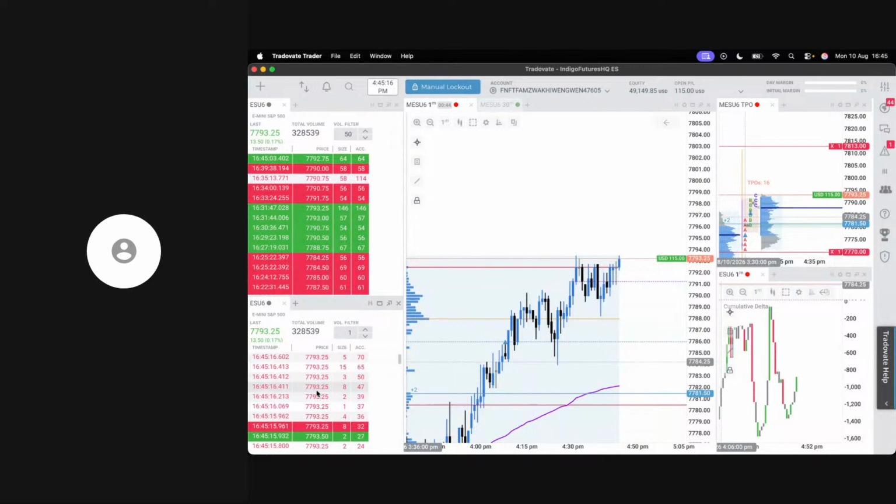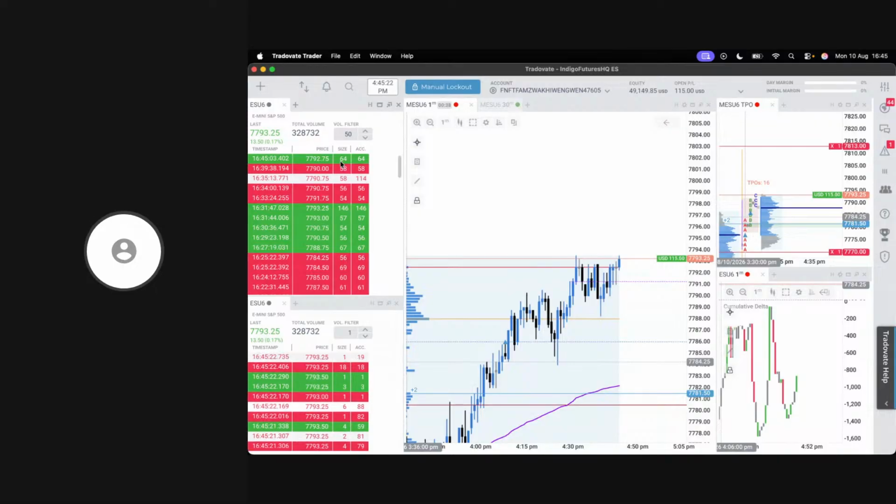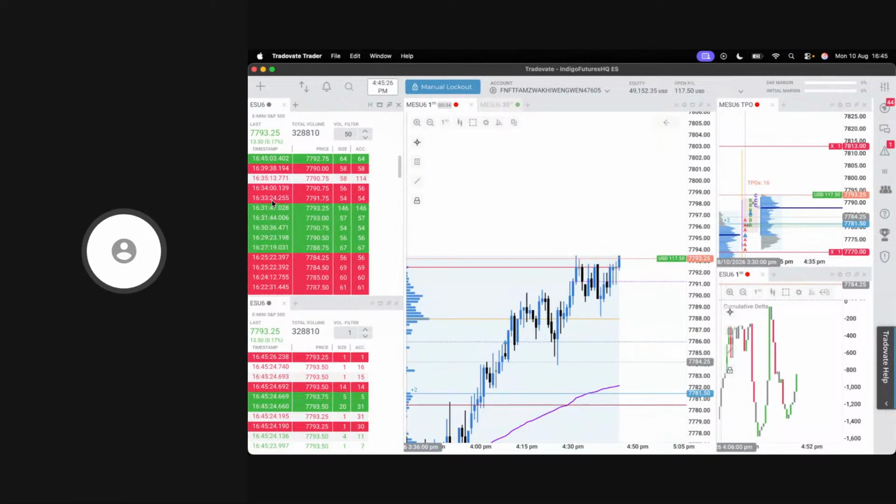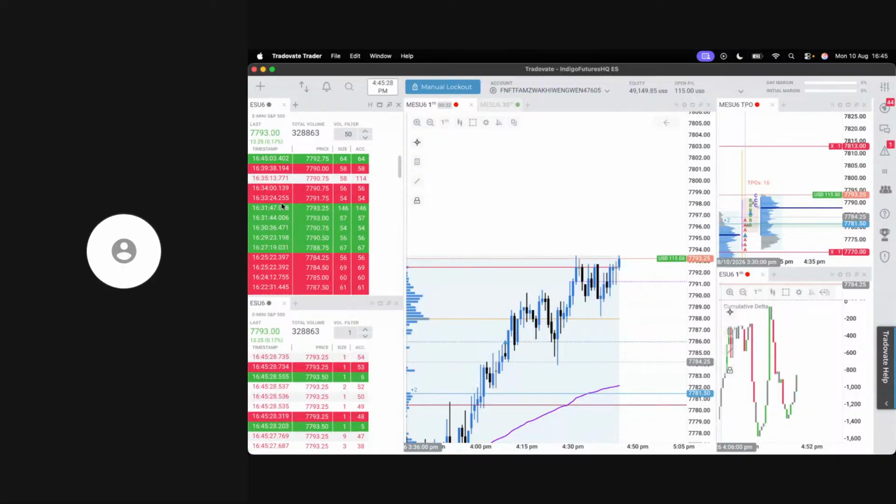So there we go. Big print above the value area high. Not really that massive, but I mean, we'll take it. It's the biggest one since, yeah, we'll take it. We'll accept it.